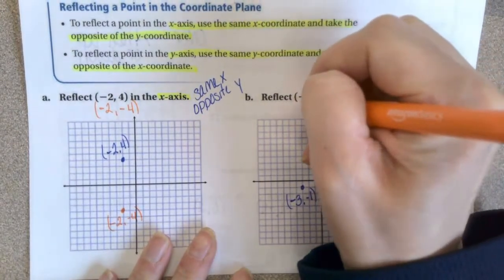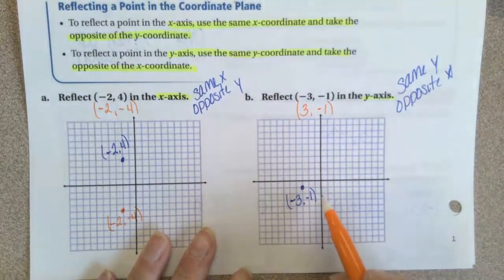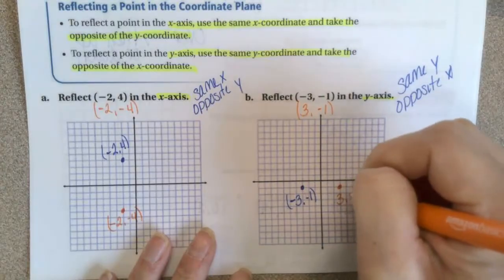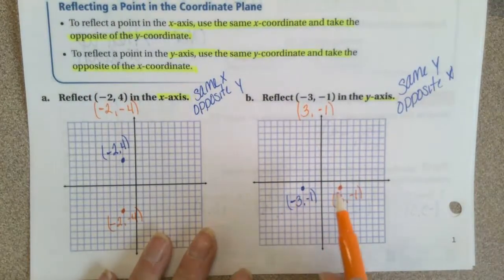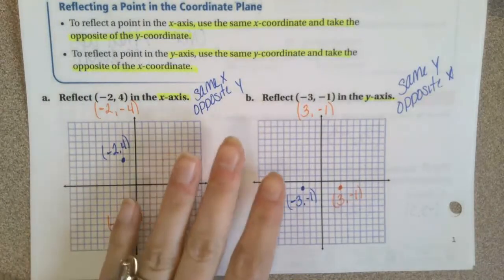So instead of -3, I want a +3, but I'm going to keep that same y. So I'm at (3, -1). So it flipped over that y-axis.